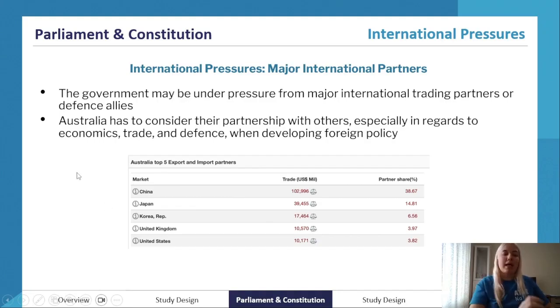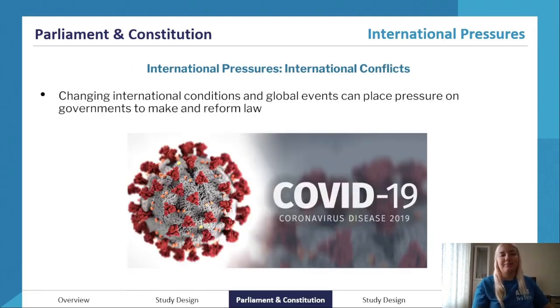If you remember, a long time ago when COVID started, Australia was accusing China of creating and releasing the COVID virus. And then as a result, it was all over the news for a while that they imposed restrictions on our import and export as a result of saying that. So that's a great example.